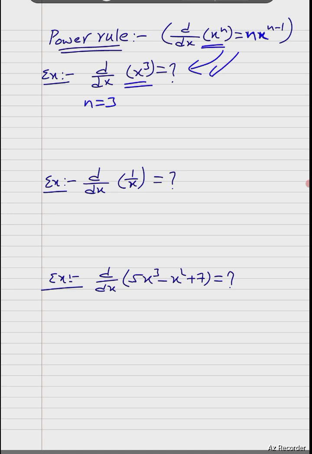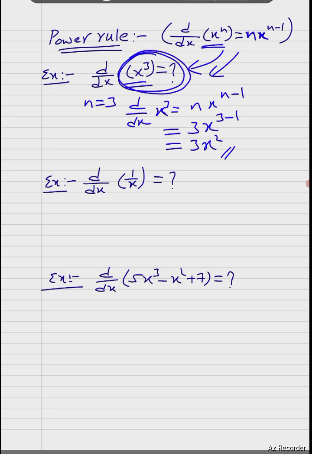Applying the formula, d by dx of x cube is n times x power n minus 1, with n equal to 3, so x power 3 minus 1. How much does it become? 3x square. The derivative of x cube is 3x square.